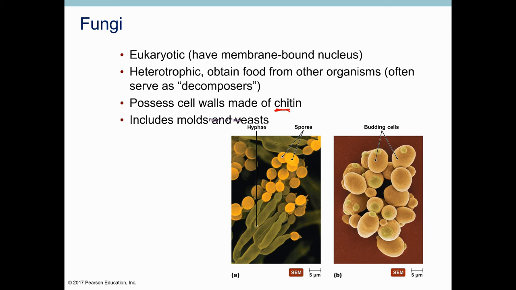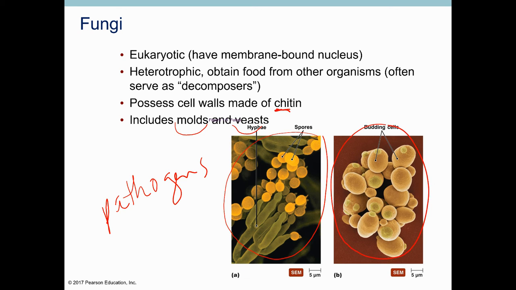The fungus group includes two main categories, the molds and the yeasts. Both of them can be helpful, and some of them can be pathogens. Of course, we'll focus a lot on the pathogens. There are some molds that are pathogens and some yeasts that are pathogens. In the picture on this screen, you see molds on the left, and on the right you see yeast.